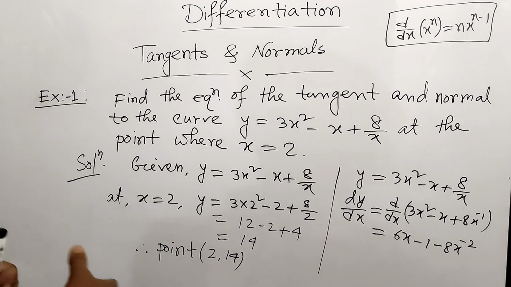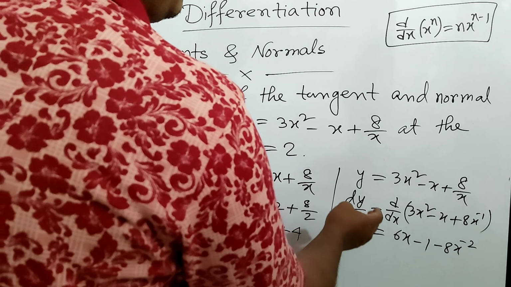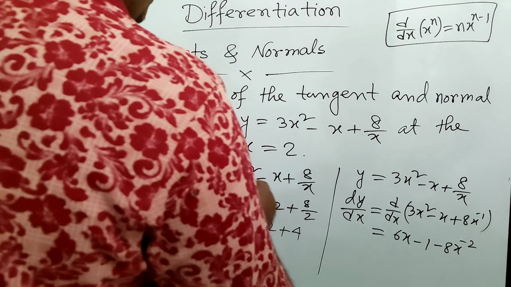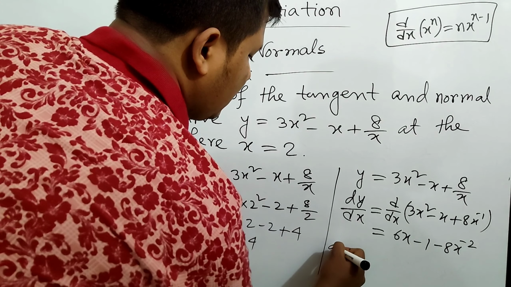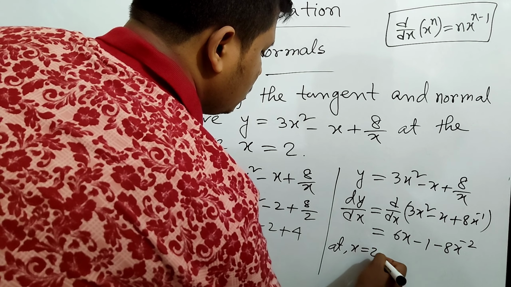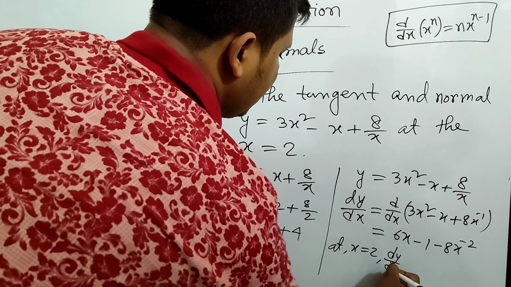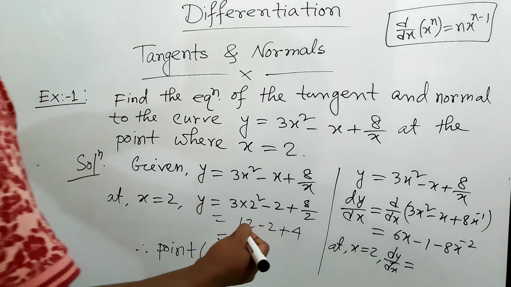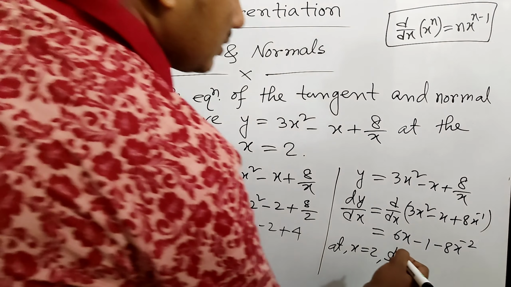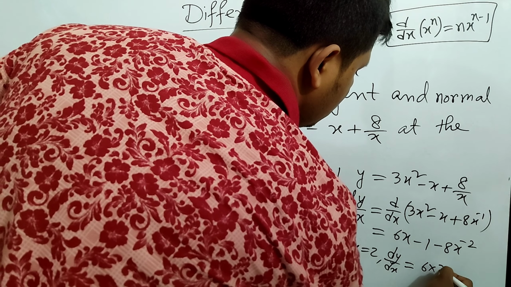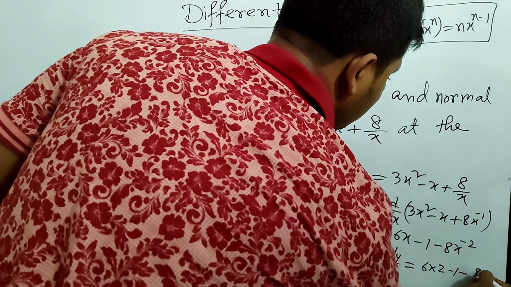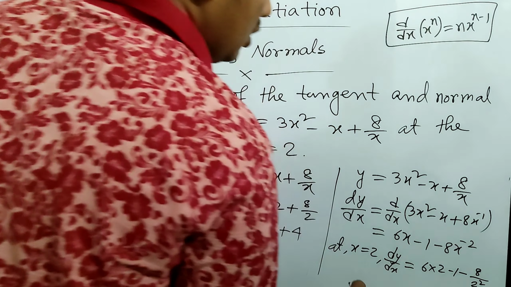Now we can easily find the value of dy/dx at point x = 2. So at x = 2, dy/dx, that is m, will be 6 × 2 − 1 − 8/2².